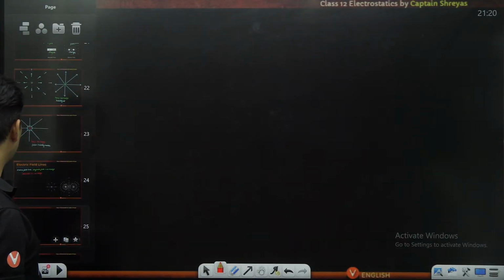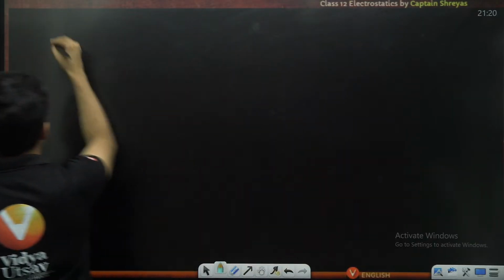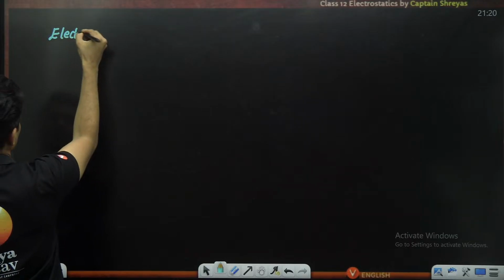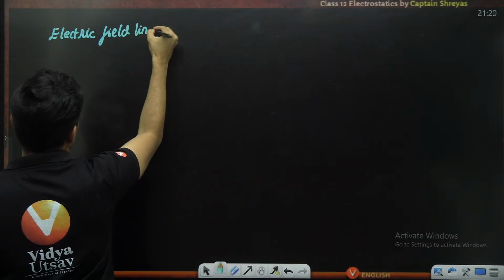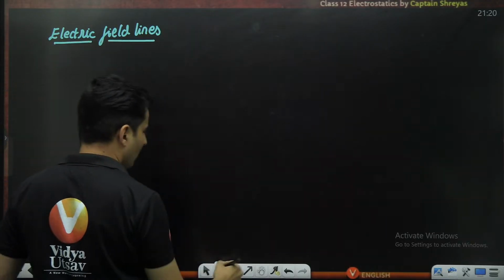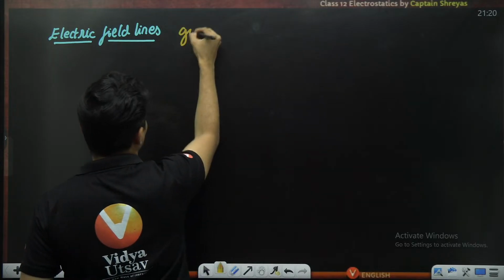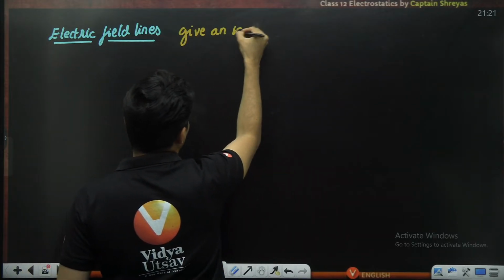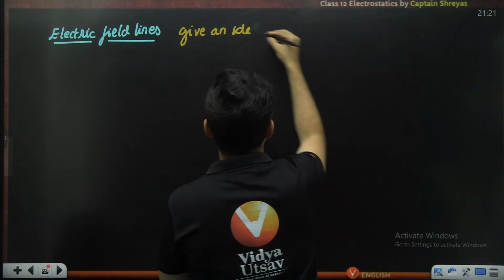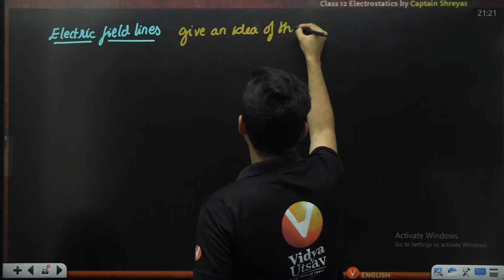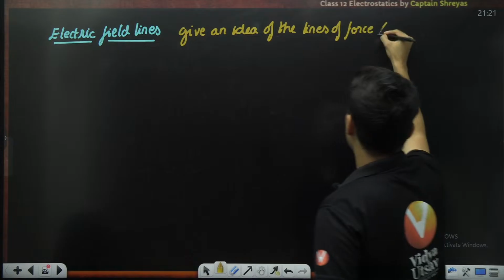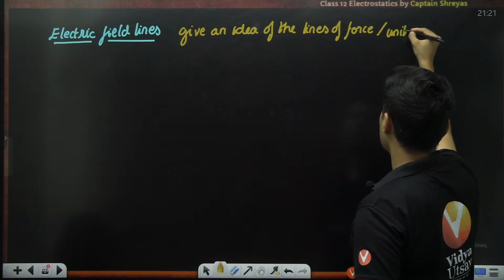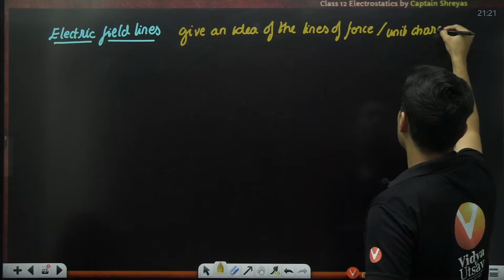And if you talk in general about electric field lines, basically they give an idea of the lines of force per unit charge.